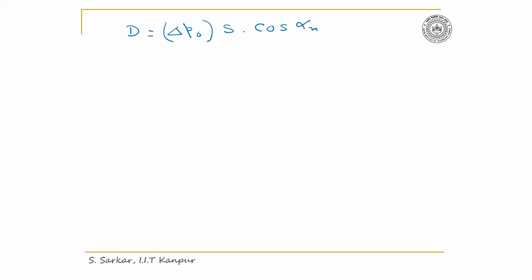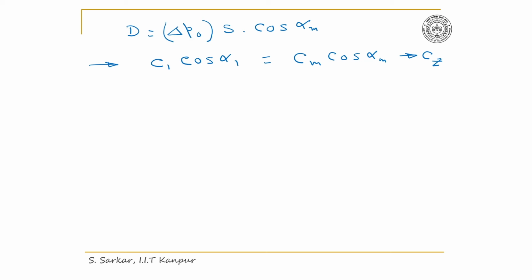Now, from the velocity triangle, I can write another equation that C1 cos alpha 1 is equal to Cz. That's also equal to Cm into cos alpha m. So this is nothing but Cz.